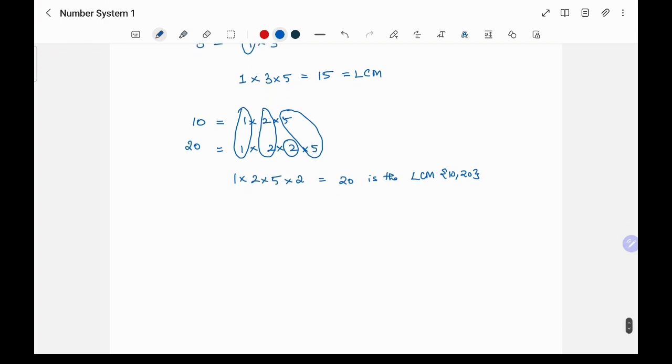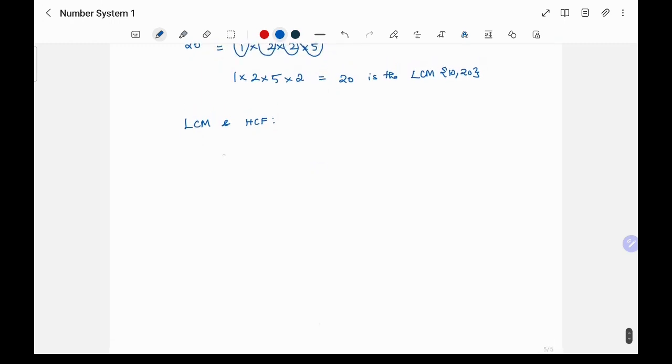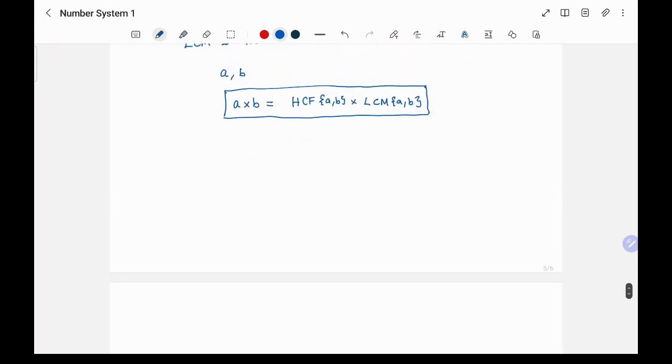Okay, so there is an interesting property of LCM and HCF. If you take any two numbers, I will call them A and B, the product of the two numbers is the same as the product of HCF of A, B and LCM of A, B. So this is true for all natural numbers A and B. Why is this true?